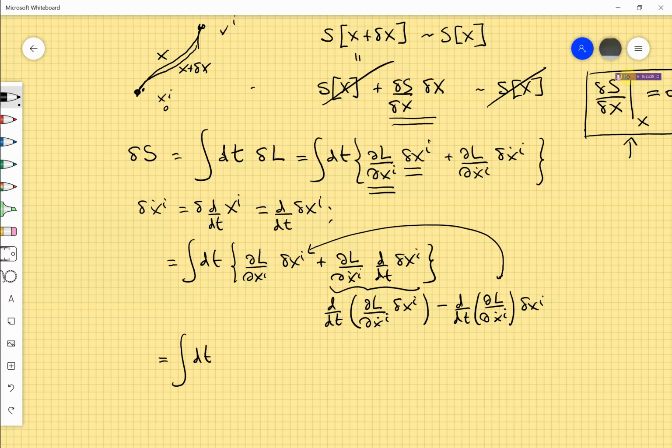Okay, so put everything together, minus the dt, and you start seeing the Euler-Lagrange equation appearing.